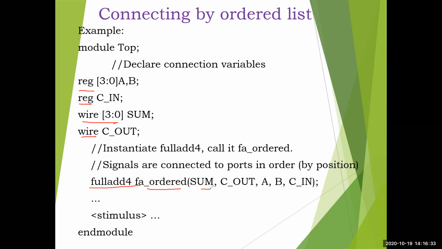Observe here the first element is output sum, the second one is Cout, the third one is A, the fourth one is B, the fifth one is C. Connecting by ordered list means when you are writing the module of full add 4, you should write this in the same order. Hope you are understanding: 1 2 3 4 5, the same order, the same number should be there. You could not change Cout to the third position or like that.